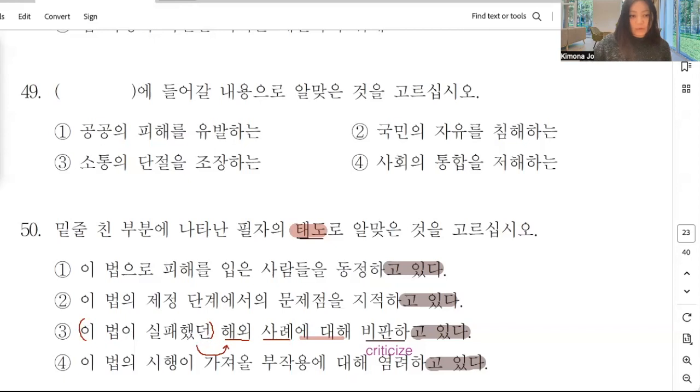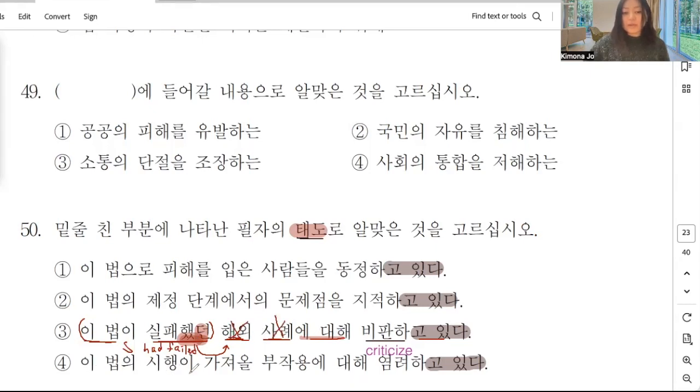Double S under done complete action in the past. 실패하다 failed. So double S under done. It had failed. This law is the subject. Okay, so the writer is criticizing about the abroad cases that this law had failed. It's not criticizing about the abroad cases.